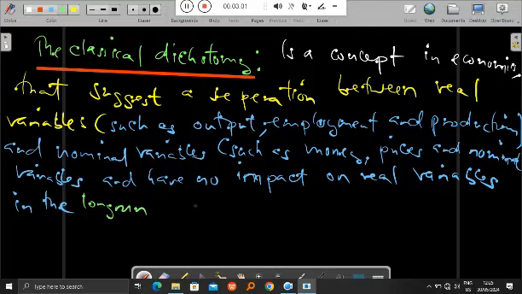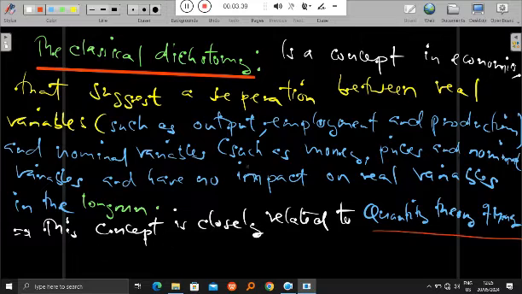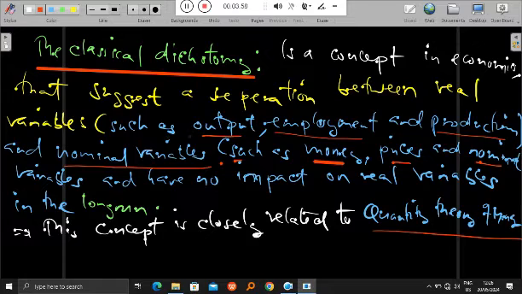The classical dichotomy looks at the separation between real variables, which are adjusted for inflation, such as output, employment, and production, and nominal variables, which are not adjusted for inflation. The nominal variables, such as money, prices, and nominal wages in the long run, are considered under the classical dichotomy.